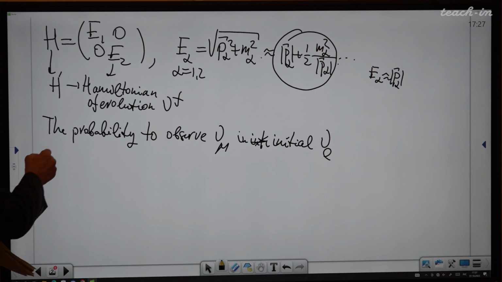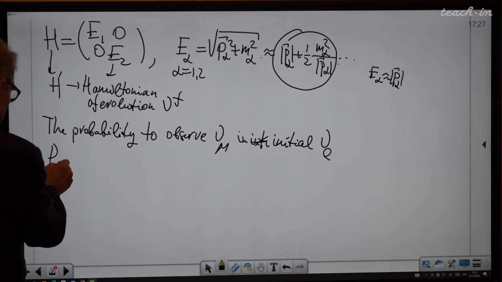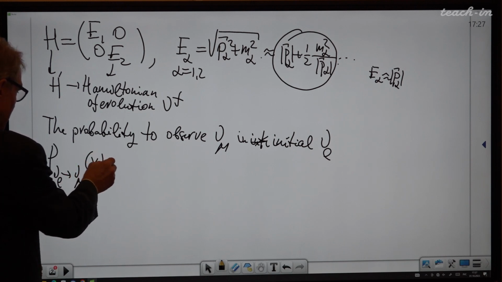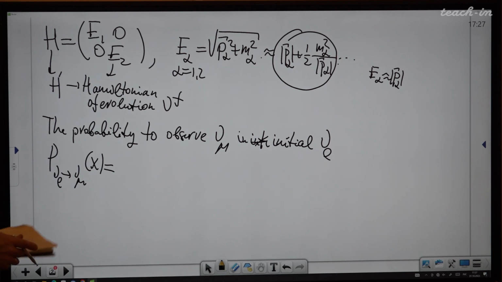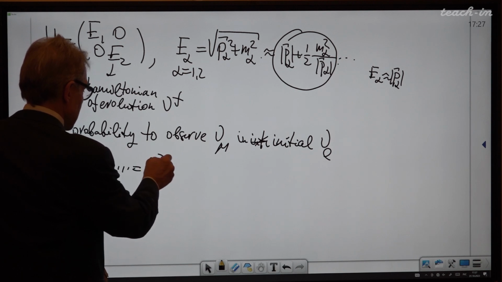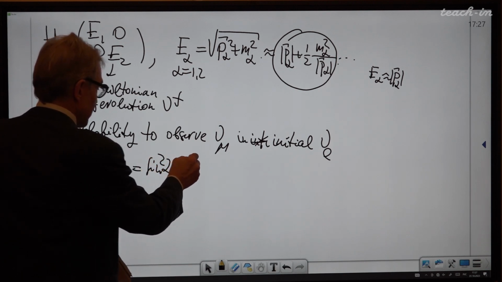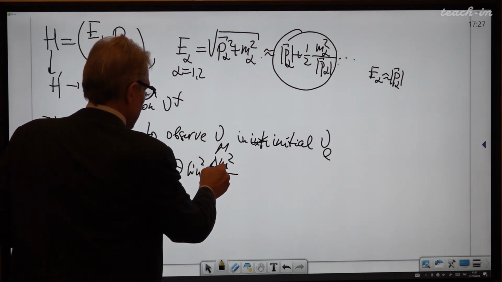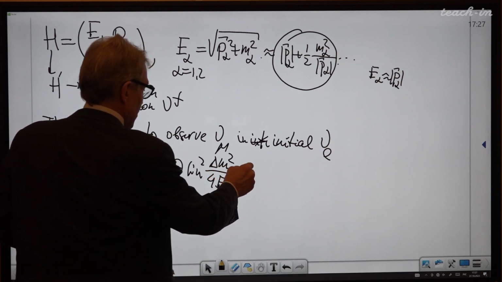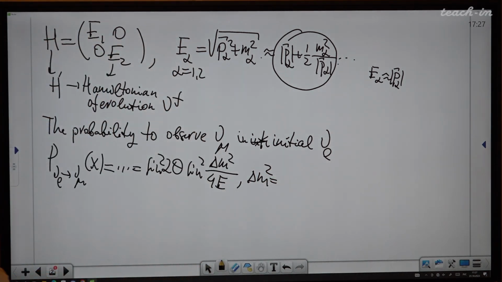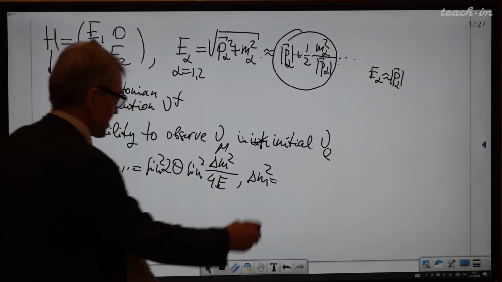And the probability to oscillate as a function of the distance, from these calculations, equals sine squared of double theta multiplied by sine squared of delta m squared divided by 4 energies. Here we introduce the second important parameter of mixing and oscillations, the mass square difference.